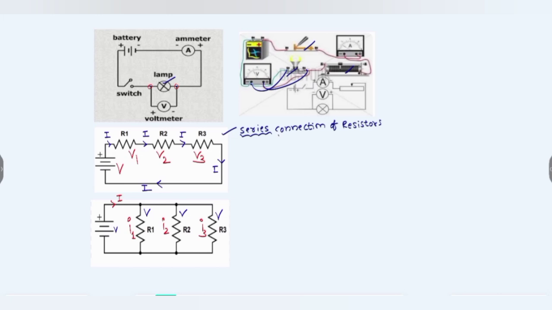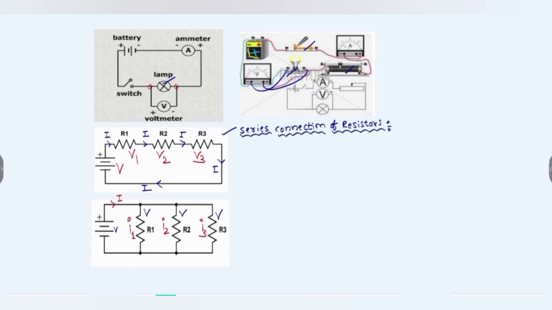In series connection you have to remember one thing: the current will be the same across each device.